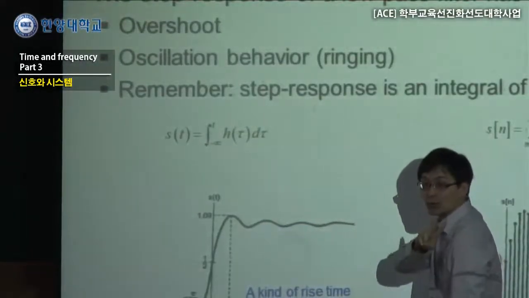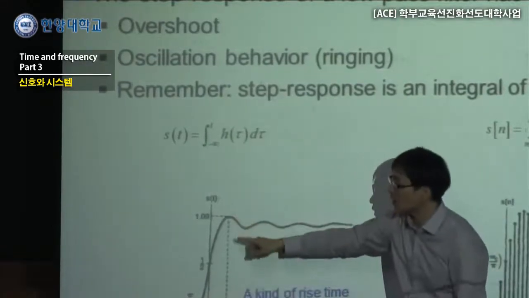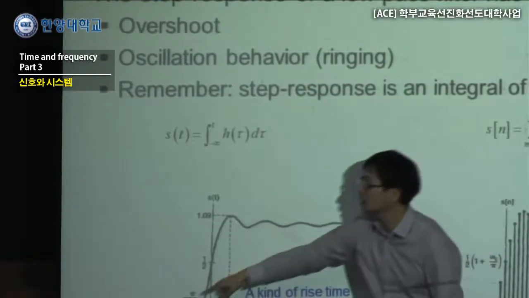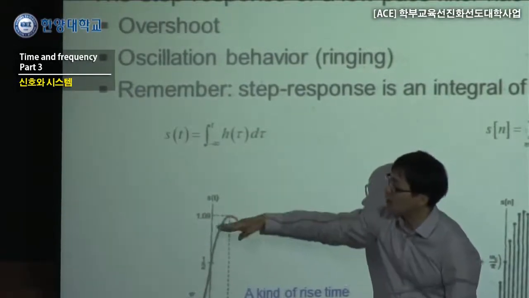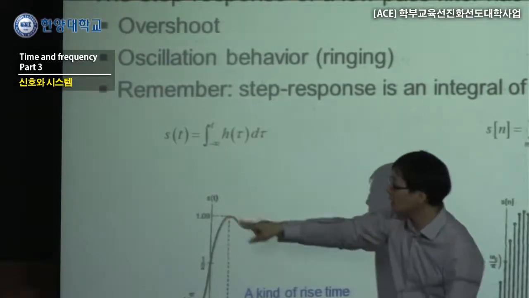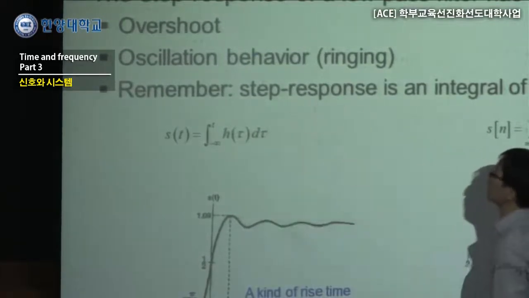So you have to learn about those two pieces of information. Overshoot means how fast they can go to the first value. Typically, that value higher than the desired value happens at the first step. And then they will ring, and the ringing amplitude is given by the second one.